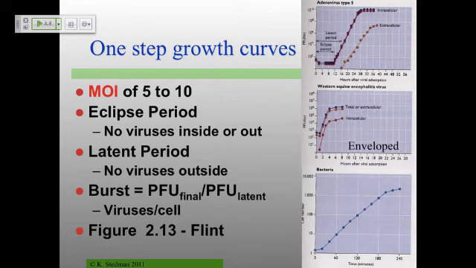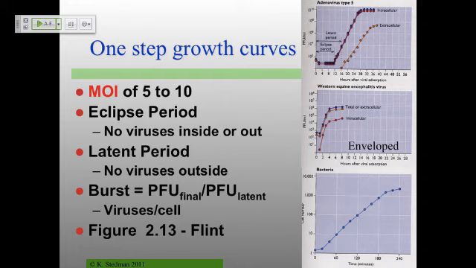And that's here for your adenovirus type 5. It's a 12-hour period. The latent period is no viruses on the outside. And so if you see a difference between those two, the eclipse period and the latent period, that tells you that there's a certain amount of virus particles, virions, that need to be accumulated before you get lysis.